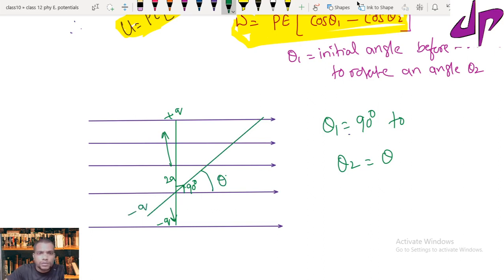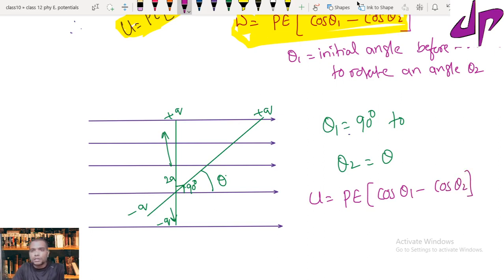So this is the minus q and this is the plus q. So what could be the work we need to do? In that case you can substitute the potential energy formula, U equals pE (cos θ1 minus cos θ2).